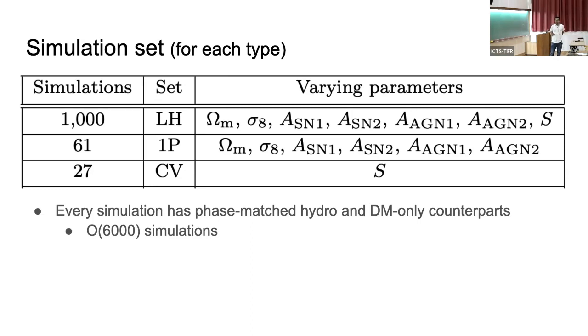Or is it completely free and a fairly wide prior? Cosmology goes from like 0.1 to 0.6 something, and the baryonic feedback parameters are also very wide and uniformly sampled. So there may be some other observables that will rule some out. Yeah, exactly, that's for sure. I think there is a paper by CAMELS that says a bunch of them don't, for example, reproduce the star formation rate constraints.